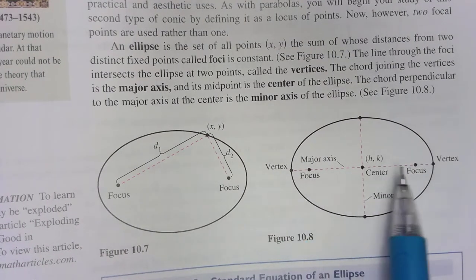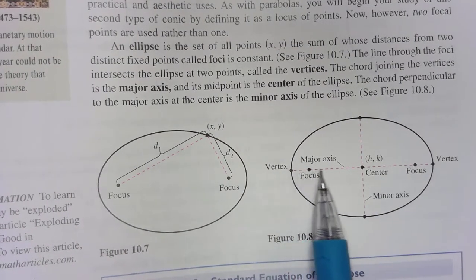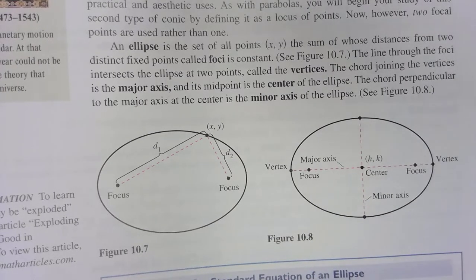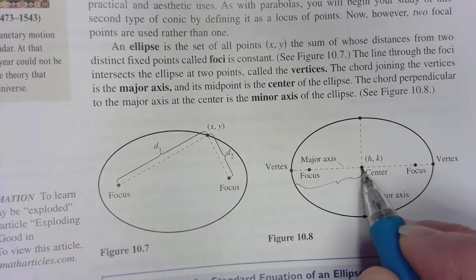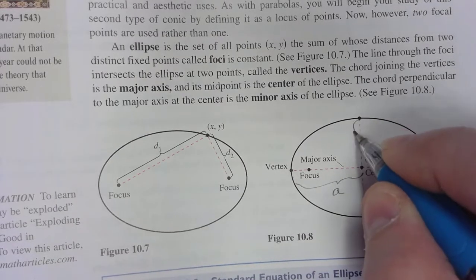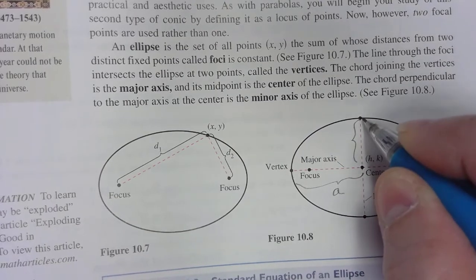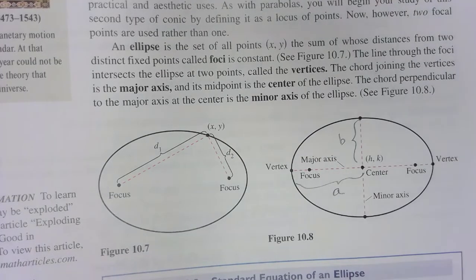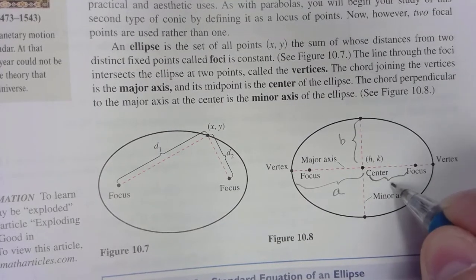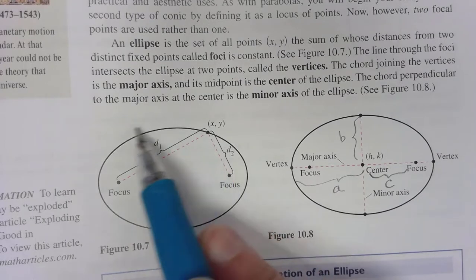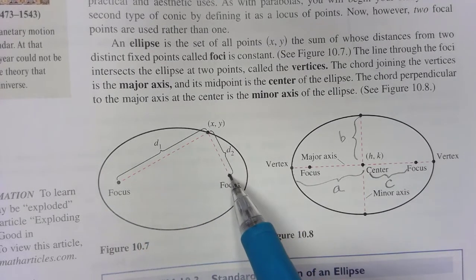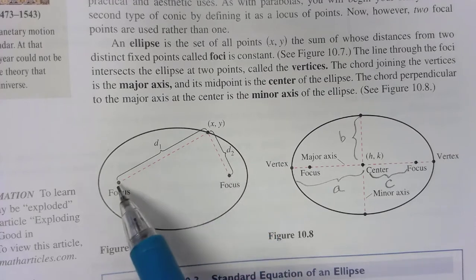Here are your two foci. Here is your major axis. Here's your minor axis. The distance from the center to the vertex is A. That's always longer than the distance from the center to the endpoint of this chord, which we call B. The distance from the center to the focus is C. What makes the ellipse is that this distance and this distance is constant when I add them together.